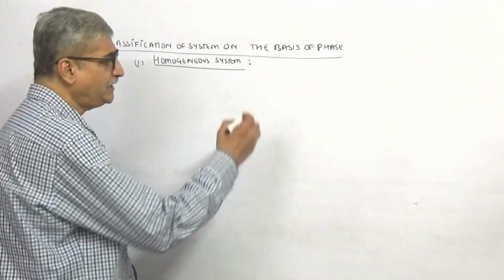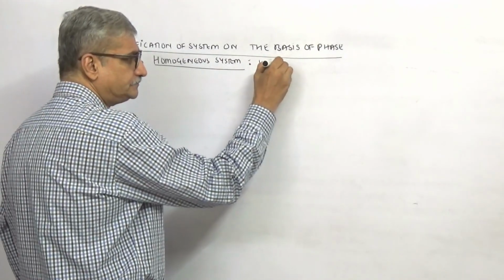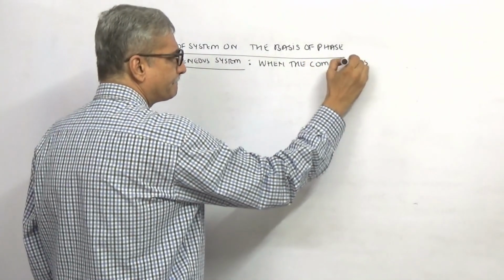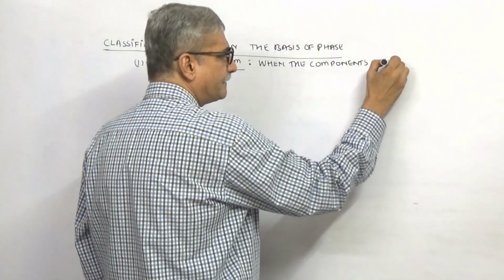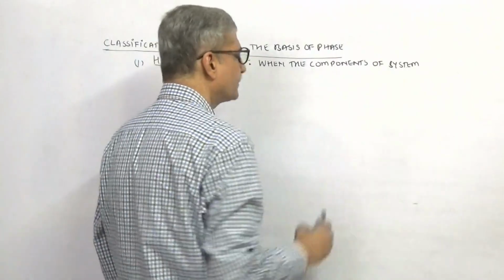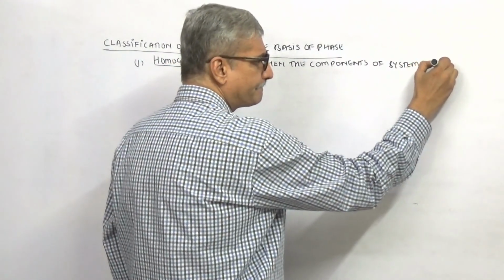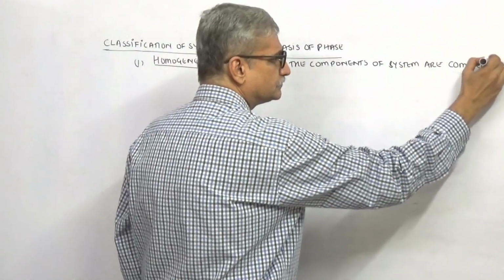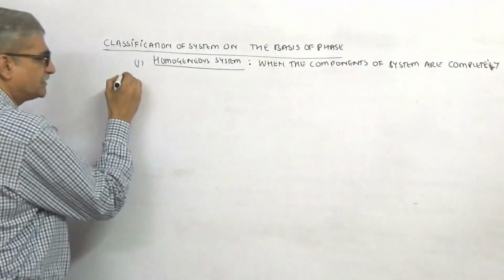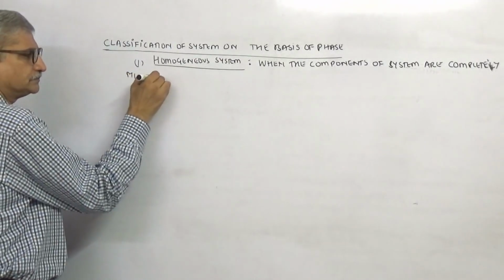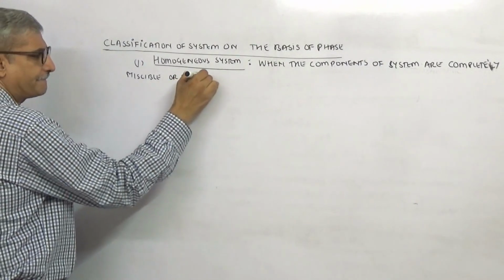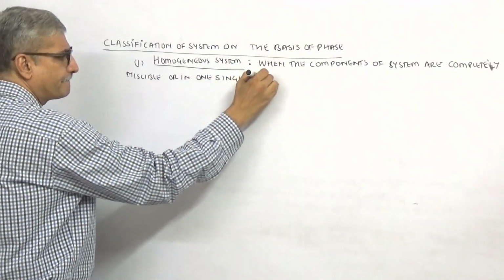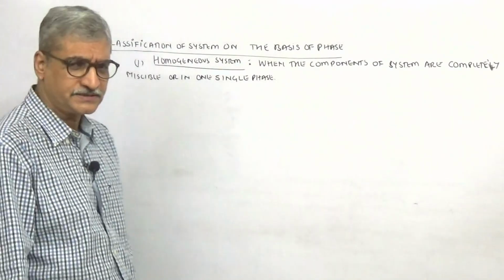So when the components of the system are completely miscible, or in one single phase, then we call it a homogeneous system.